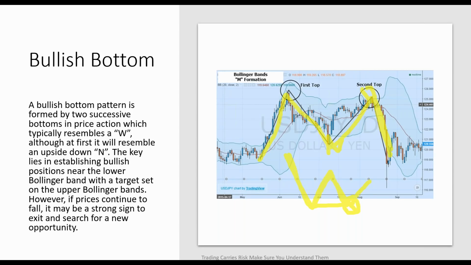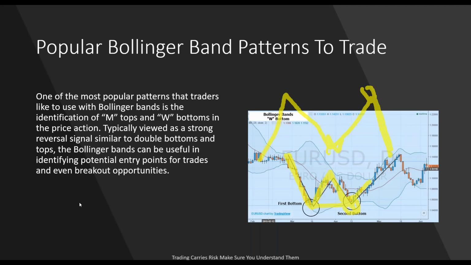The key lies in establishing the bullish positions near the lower Bollinger Band with a target set for the upper Bollinger Band. However, if price continues to fall, it may be a strong sign to exit and search for a new trade. So in other words, when it starts to form the 4th leg, we would enter a long trade with the projection being towards the top of the upper band.